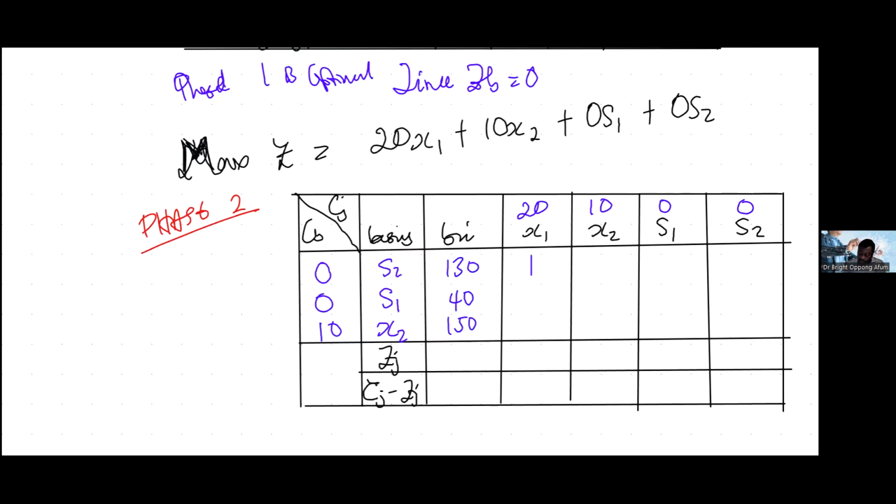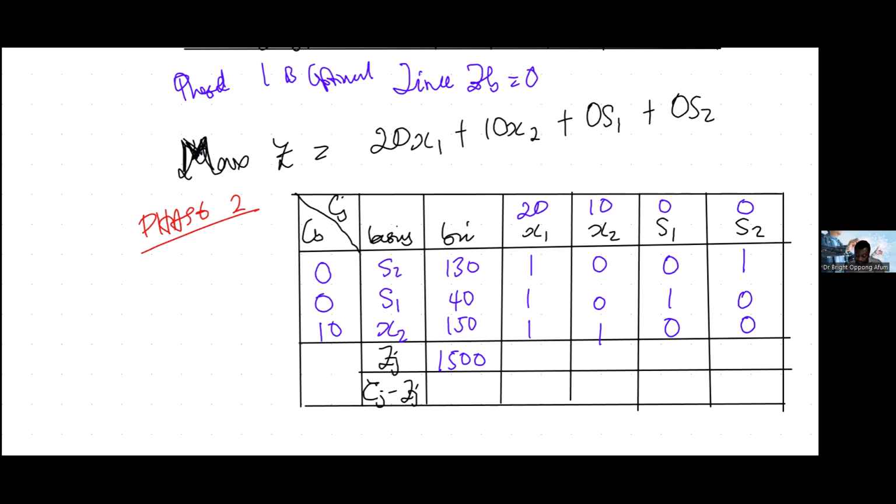Then we fill in the coefficient columns for the rows. So the Z will just be 1500 here.